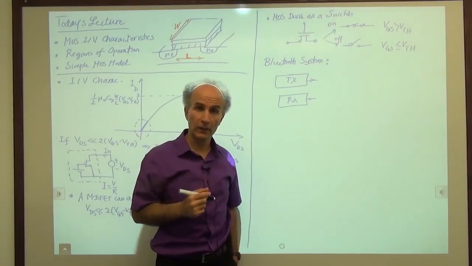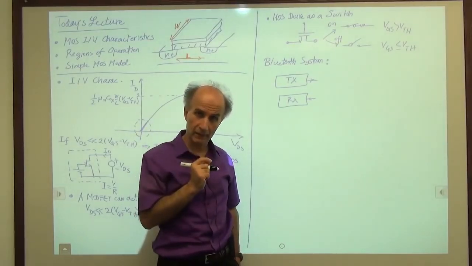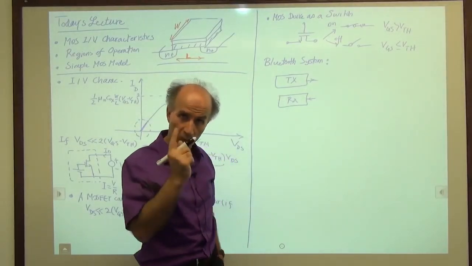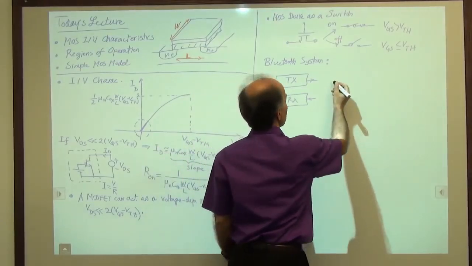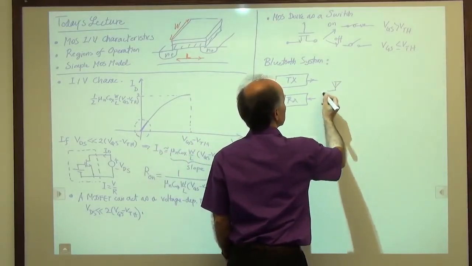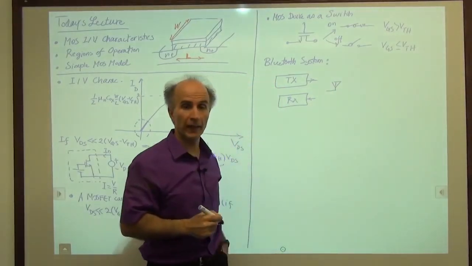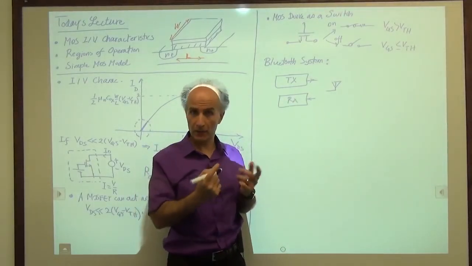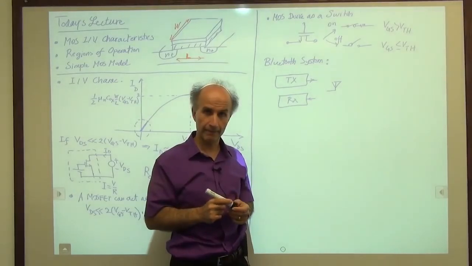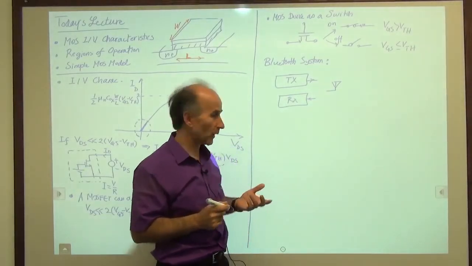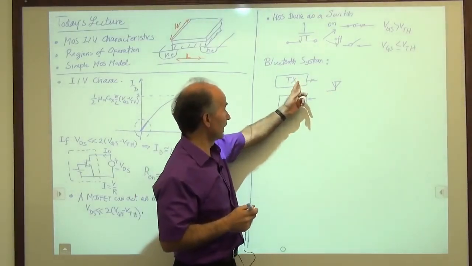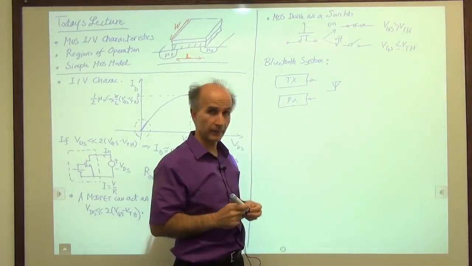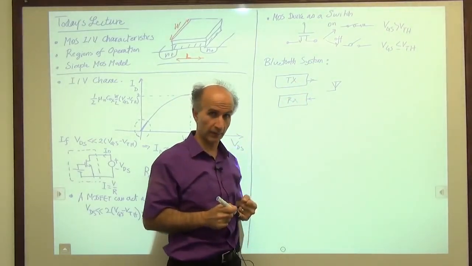Now, in general, we have only one antenna for a Bluetooth device, one single antenna. But we have two guys that want to use the antenna. Not at the same time, but they still want to use the same antenna. So how do I share this antenna between the transmitter and the receiver? We actually time share it between them.